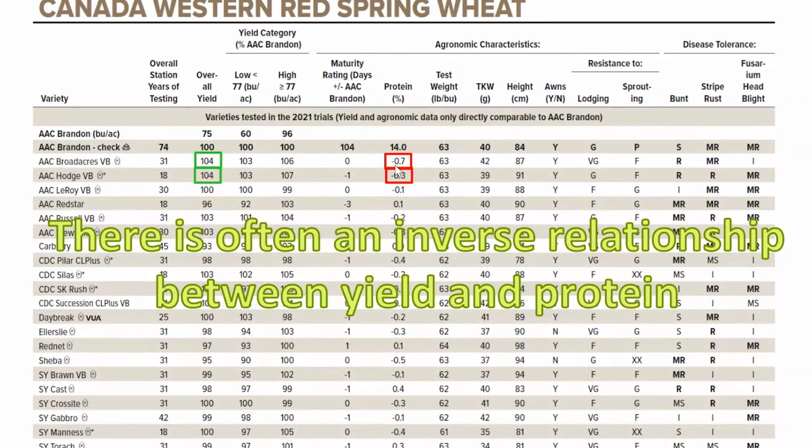If you're really struggling with protein, though, something like a Red Star has a plus 0.1, and its yield is 96%. So you can see here, we're starting to see that inverse relationship between yield and protein. And one other example is RedNet has a plus 0.1 protein, and again, 97% of the check for yield. So it is very environment specific, and it's always a bunch of give and take for selecting a variety.